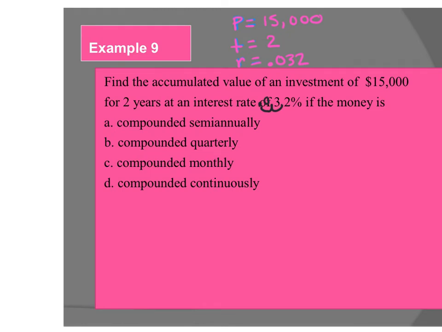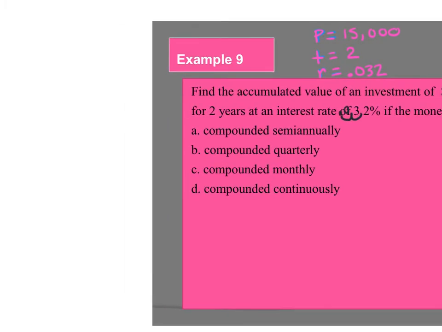Alright, so if we have something that is compounded semi-annually, which equation do you think we're going to use? The first one or the second one from the last slide? The first one. We only use the second one when it's compounded continuously.